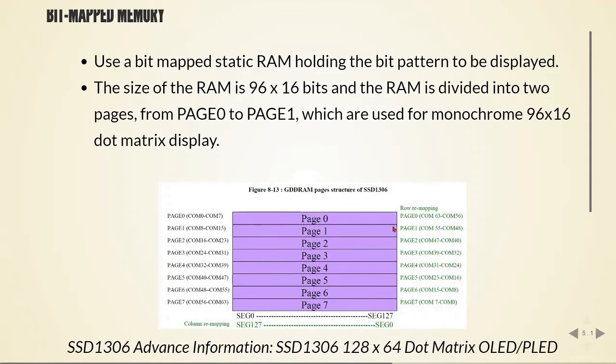Here, the SSD1306 has 128 by 64, so bits from 0 to 63 and segments from 0 to 127. We just need to adapt to our case: segments 0 to 95, and pages 0 and 1.